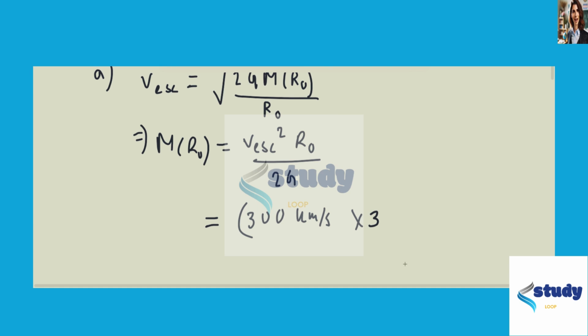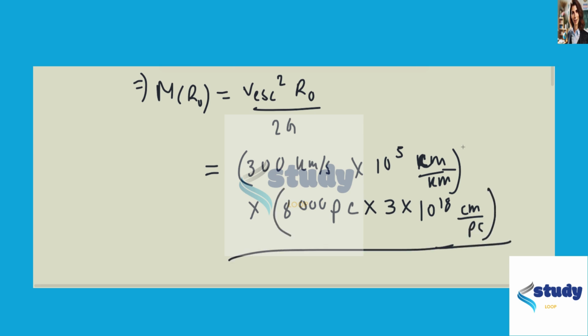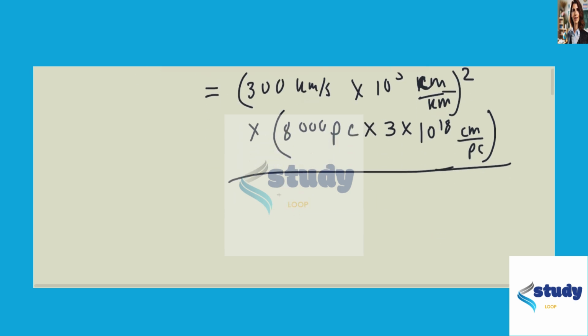So you're going to multiply that by 10 to the 5 to get centimeters per second, times the distance r naught, that's 8,000 parsecs. Multiply that by 3 times 10 to the 18 to get centimeters. Divided by, whoops, forgot the square here, that's divided by the gravitational constant in CGS units.